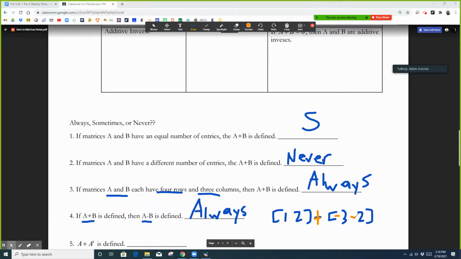So instead of subtracting 3 and subtracting 2, I can add -3 and add -2. It's the same operation. And we know that adding matrices works as long as the dimensions are the same. So same thing with subtraction. As long as you're subtracting matrices that have the same dimensions, you can do it. So this implies that the two matrices have the same dimensions. So therefore, you can subtract them.